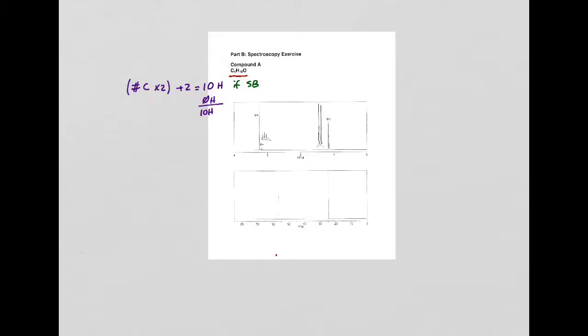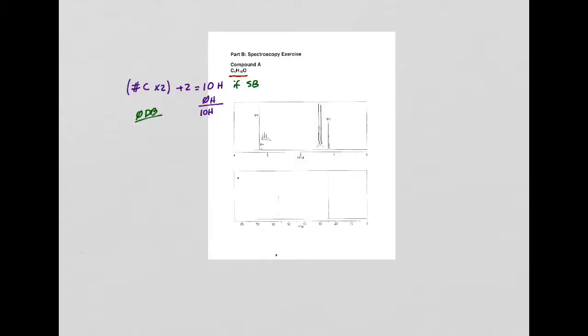That's great. That means I'm not looking for a double bond, a benzene ring, or a triple bond. Everything is saturated, everything is single bond. So I know already that I have no double bond. That's a good piece of information to have.